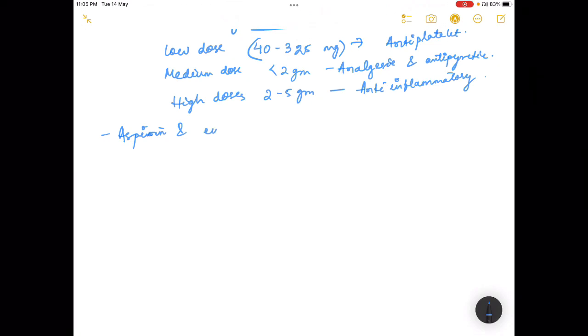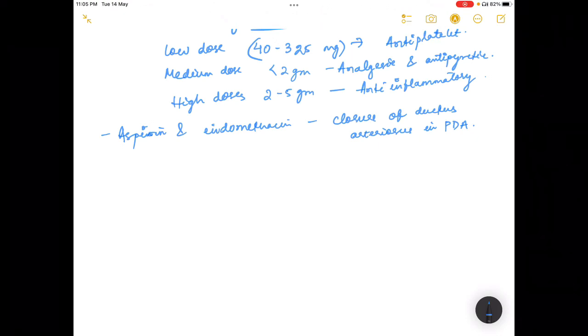Aspirin and indomethacin are useful for closure of ductus arteriosus in patent ductus arteriosus. So can you tell me which of the prostaglandin is used for keeping the patent ductus arteriosus?